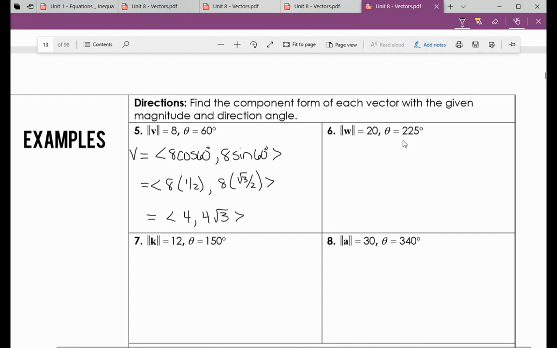To do number 20, we're going to do very much the same thing, just plug and chug and pull values off of your unit circle. So the component vector that has this magnitude and this direction will be 20 times cosine at 225 degrees, 20 sine at 225 degrees.